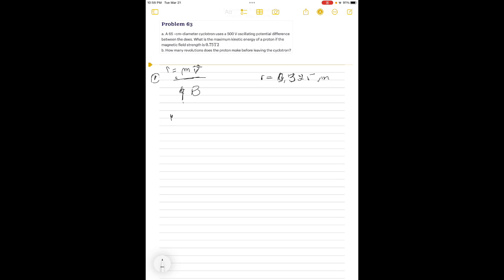Okay, so 0.325 is going to be equal to the mass of a proton, 1.6 times 10 to the power of minus 27 kilogram, multiplied by the speed, and this is what we have to find, divided by the charge of a proton, that's 1.6 times 10 to the power of minus 19 coulomb, multiplied by the field strength, and that's 0.75 Tesla.